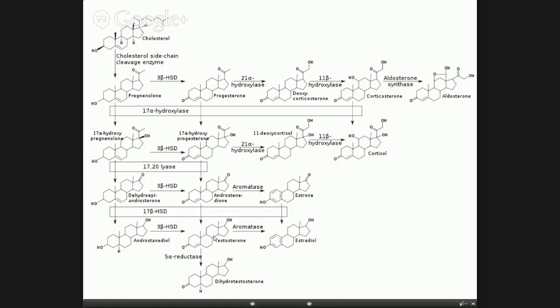But what I want to point out is from testosterone, one enzyme changes this molecule into estradiol, which is the estrogen that we've been talking about here. Okay. So let me zoom in on this, because this is actually something I want to make a point of. The enzyme that makes this change is called aromatase.